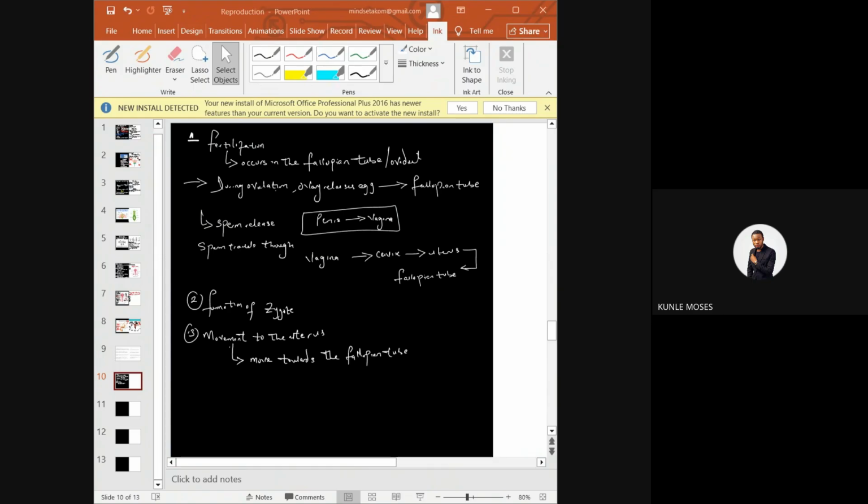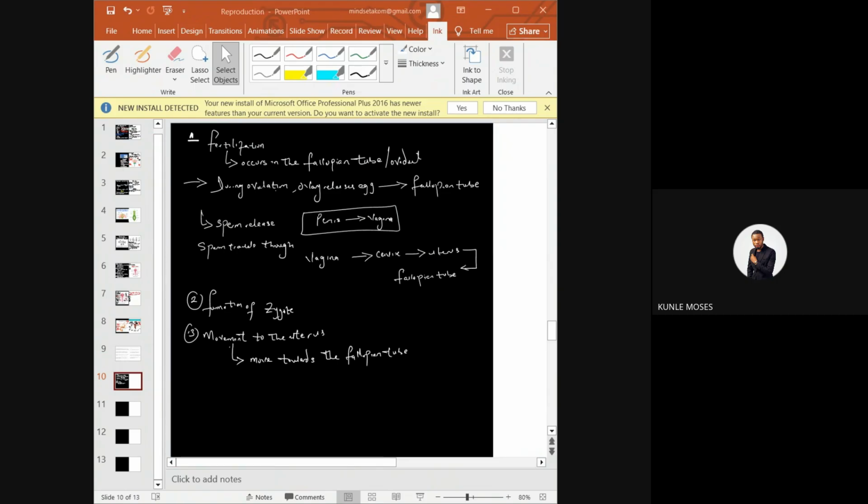So that takes us to the second step, which is the formation of zygote. A zygote is a single cell, and it contains the genetic material of the two parties, the guy and the lady. Once the sperm meets the egg, there will be formation of zygote.